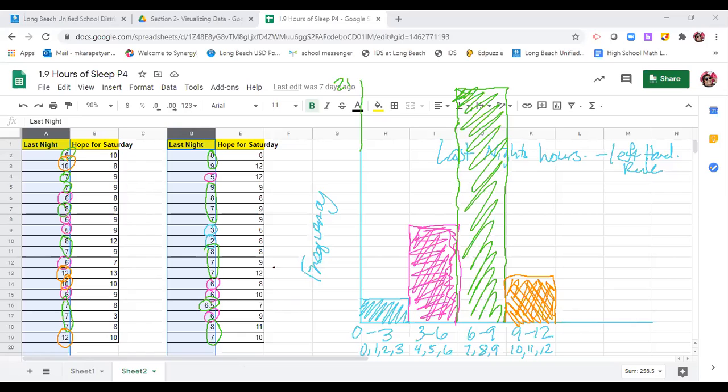File, Save as. Okay, we're going to call this period 4 histogram. There we go. Save that.